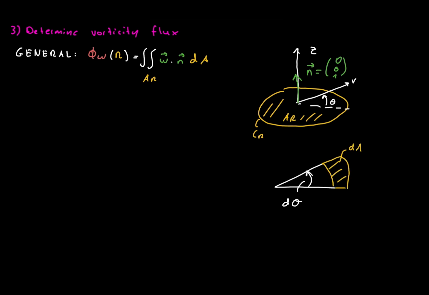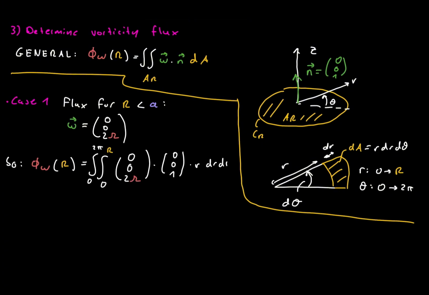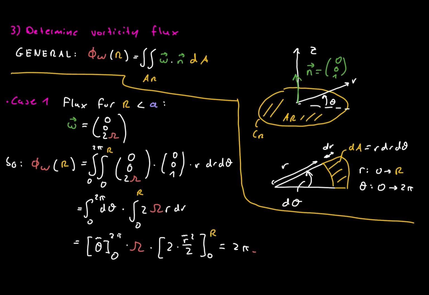The area element in cylindrical coordinates is r dr d theta. If the radius r is smaller than a, the entire disk lies inside the vortex core. The vorticity is 2 omega everywhere. Integrating 2 omega over the disk gives 2 pi omega r squared.